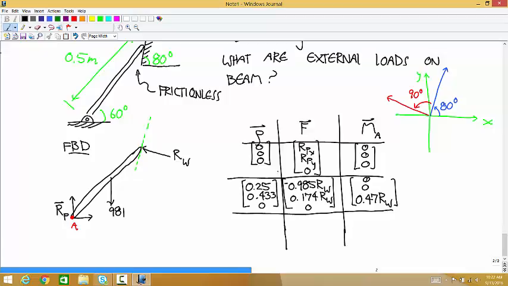Any questions about this? 170. So this is RW times cosine of 170 and sine of 170.